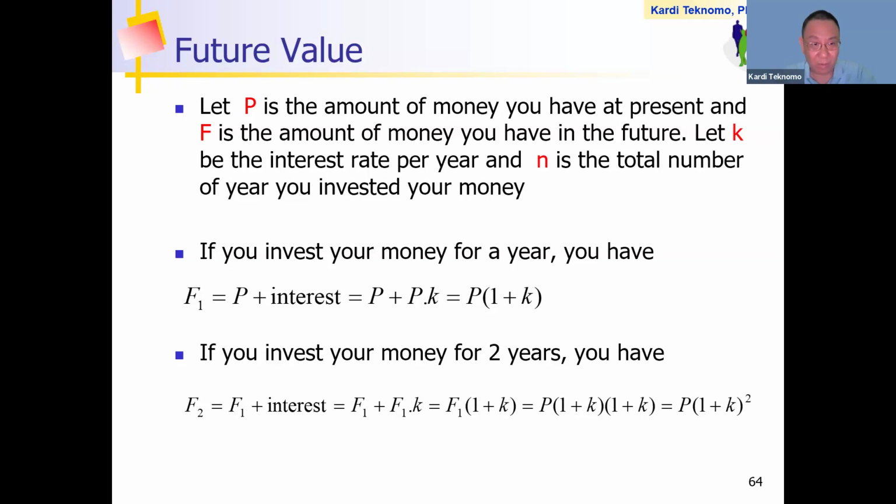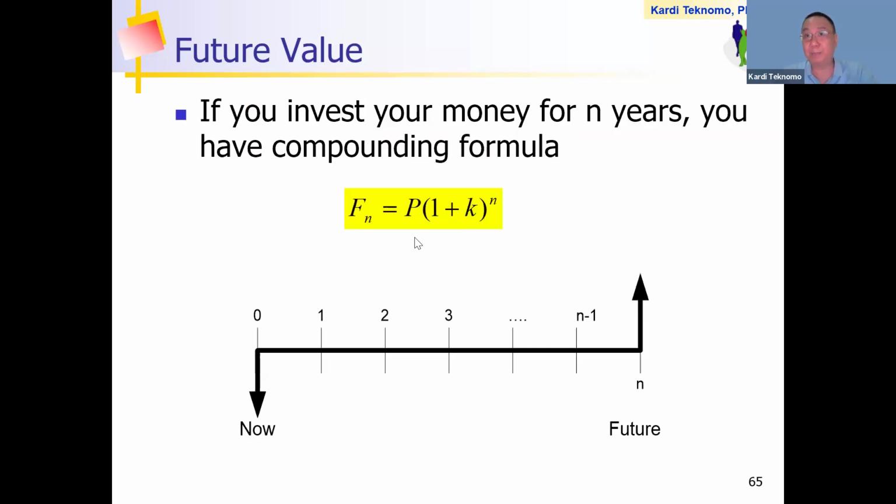P is your present value, F is your future value, K is your interest rate, and N is your total number of years. In 1 year you get this, in 2 years you get this, and then in N years you get this formula.